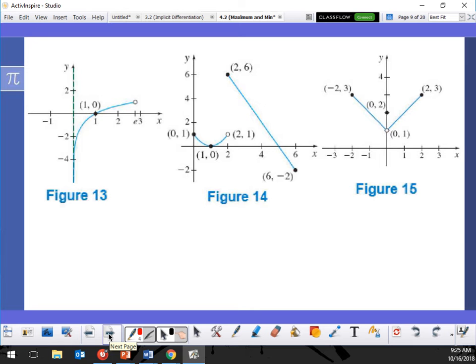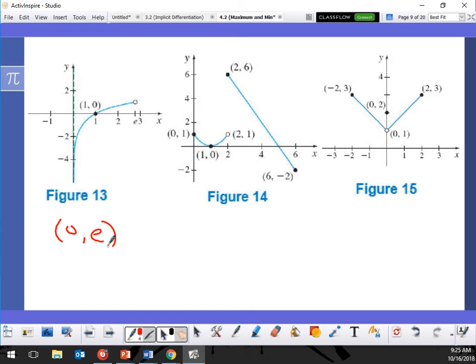All right, so what about 13? Okay. What's the domain? Open interval 0 to E. Oh, it is E. E's a number. So it's basically just E to the first, right? Which is 2.7 something. Yes, something like that. Okay.